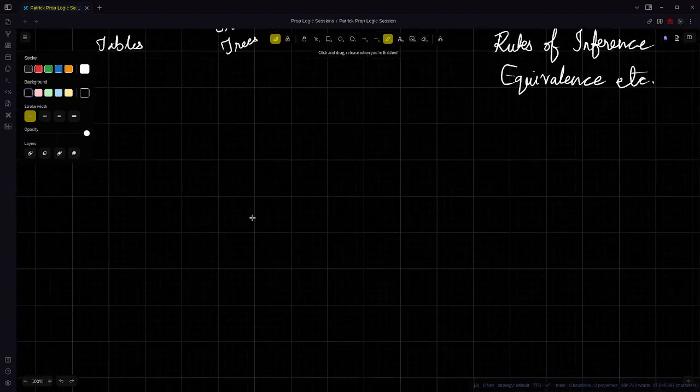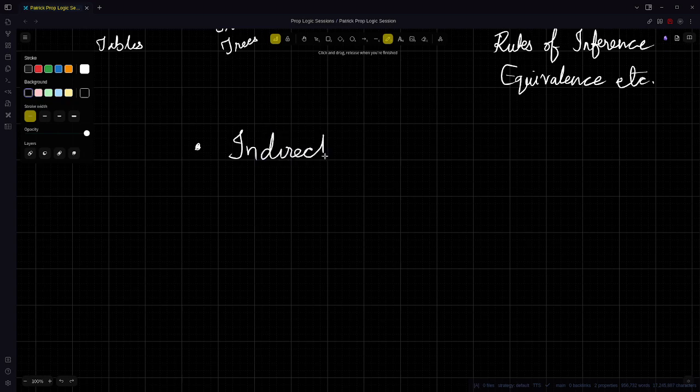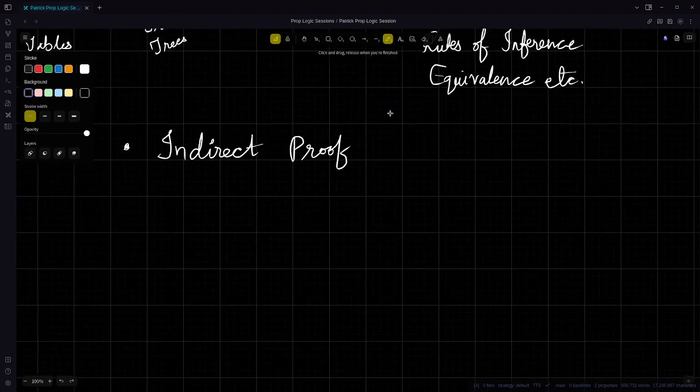There are two kinds of strategies that you can apply. One is called an indirect proof. This is more familiarly known as proof by contradiction.